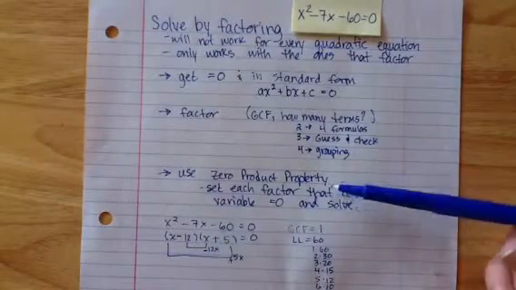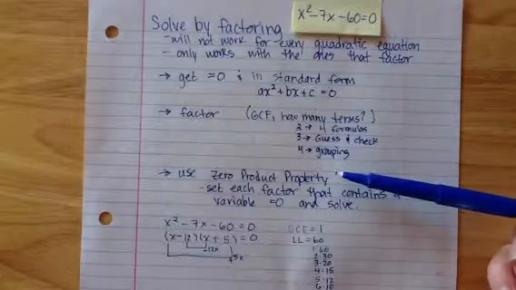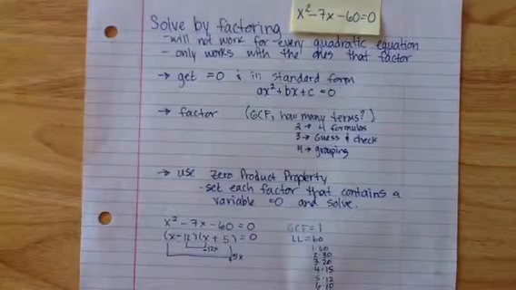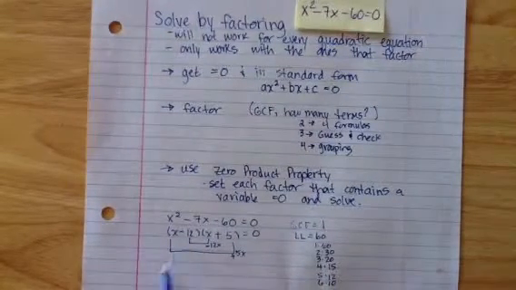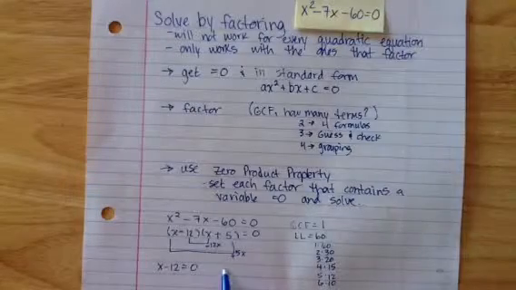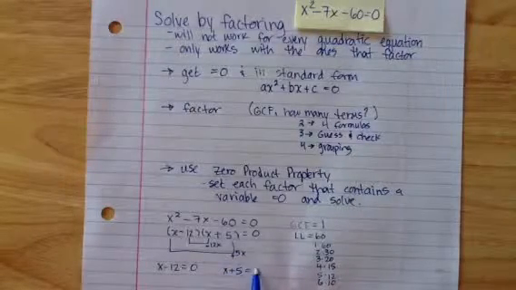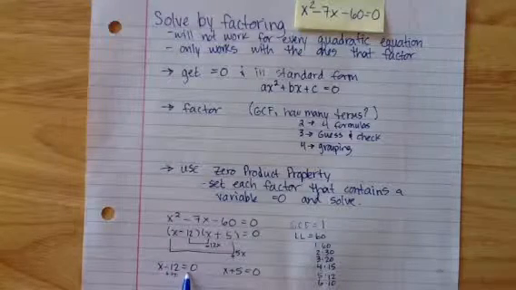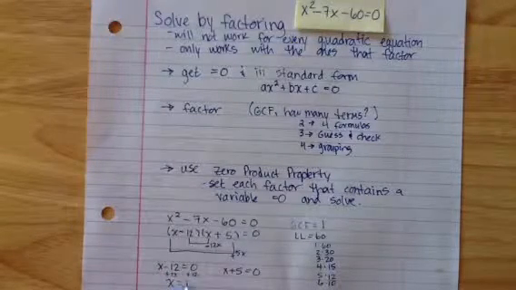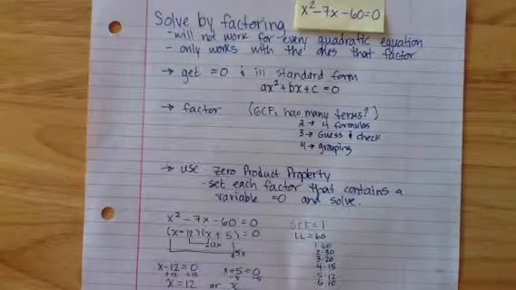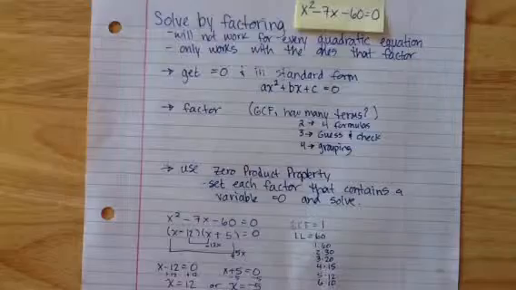Once it's factored, we're going to use the zero product property and set each factor that contains a variable equal to 0 and solve. So I'll take each factor, so x minus 12, set it equal to 0, and x plus 5, set it equal to 0, and then solve for x, so I'll be adding 12, so x equals 12, or subtract 5, x equals negative 5.